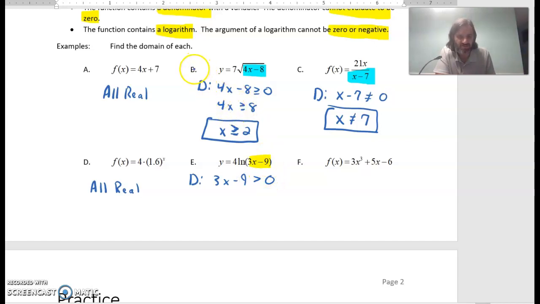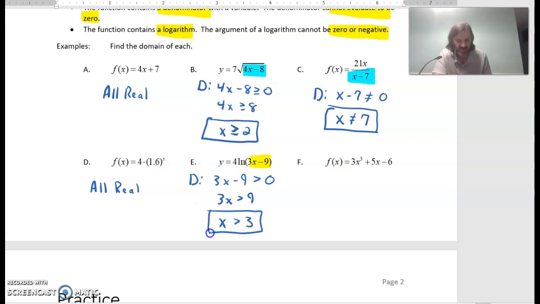Comparing B and E here, in B you can take the square root of 0, it's just 0. So that's where we get the greater than or equal to 0. But with the logarithm, we can't take the log of 0 or a negative, so that's where we get just the greater than 0. If I solve that, 3x is greater than 9, x is greater than 3.